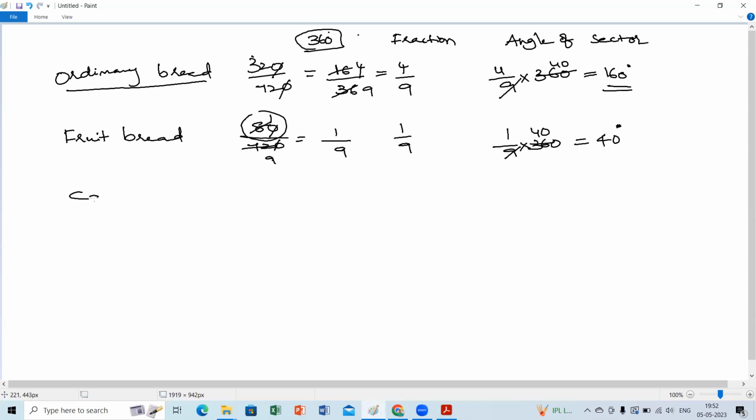For cakes and pastries, how much are they getting? 160 rupees, so double of 80. 160 is double of 80 only, right? Yes, ma'am, it's double of 80. So 160 by 720 is 1 by 4. To find out, 1 by 4 into 360. Come on, children, 1 by 4 into 360 is what?